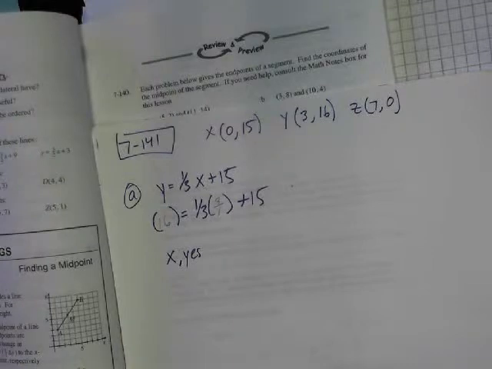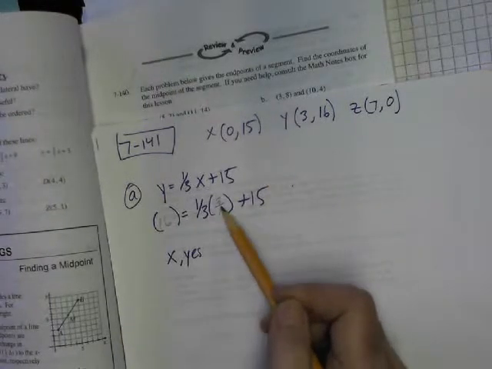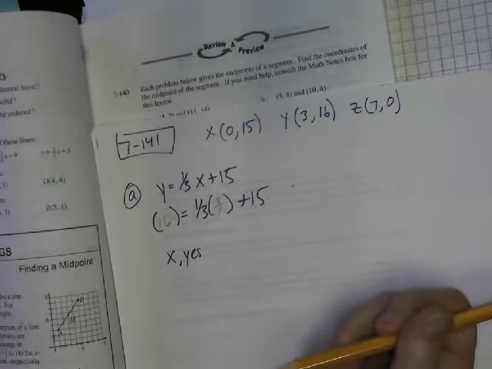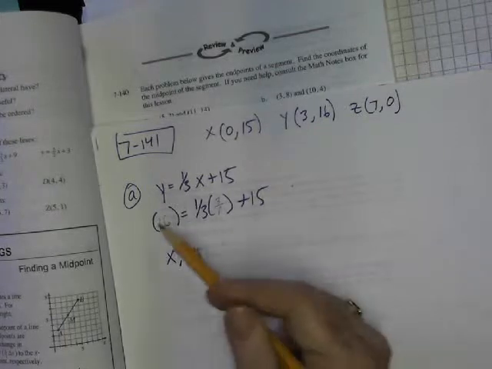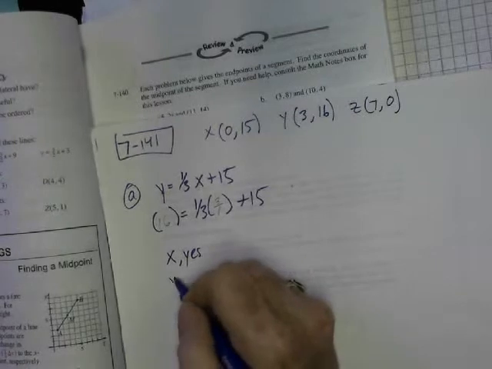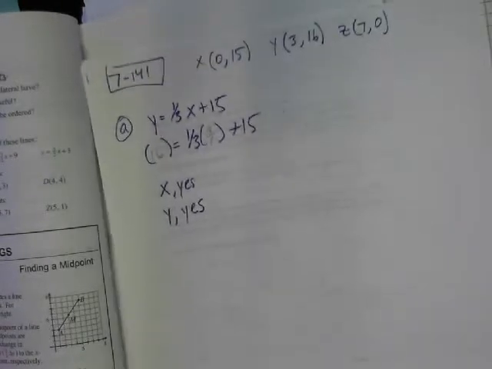I think it doesn't work because when I plugged in for x, 1/3 times 3 is 1. Oh wait, no, you're right. Plus 15 makes 16. Yes, you're right. So x is yes, y is yes, and then what's z going to be?